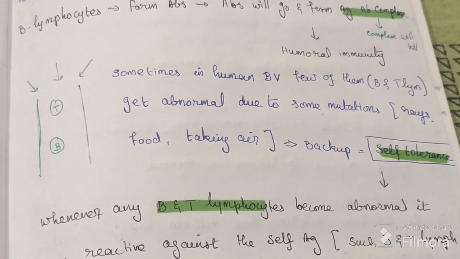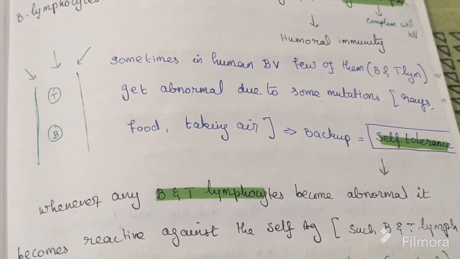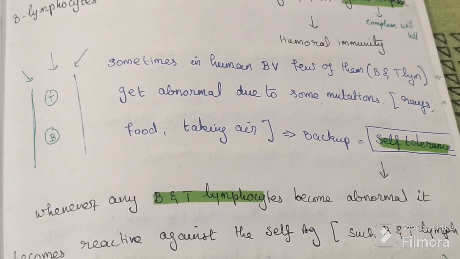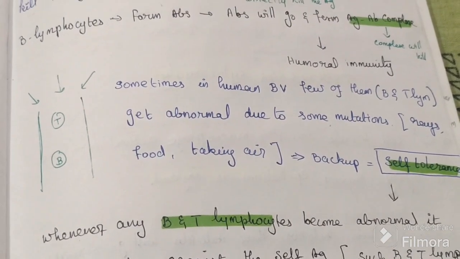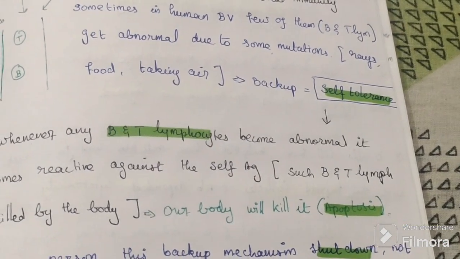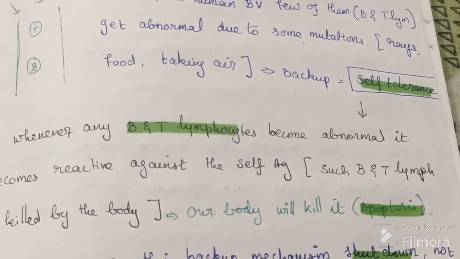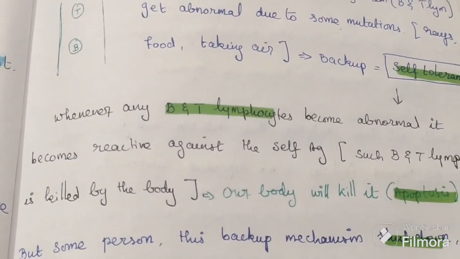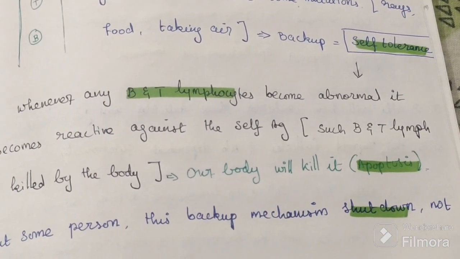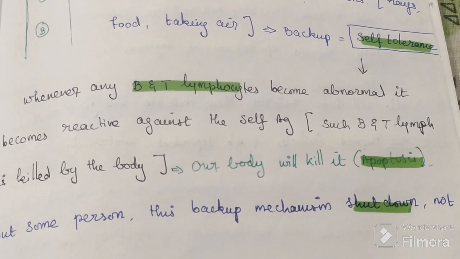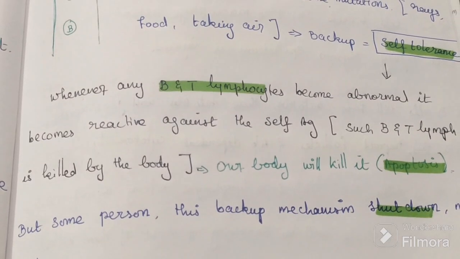Due to some mutations, they become abnormal and reactive against self-antigen, a fraction of T lymphocytes and B lymphocytes. Here what will happen? Backup self-tolerance. What is meant by self-tolerance? Whenever B and T lymphocytes become abnormal and reactive against self-antigen, they are killed by the body.